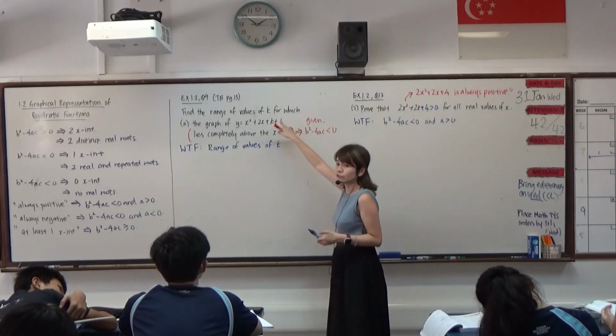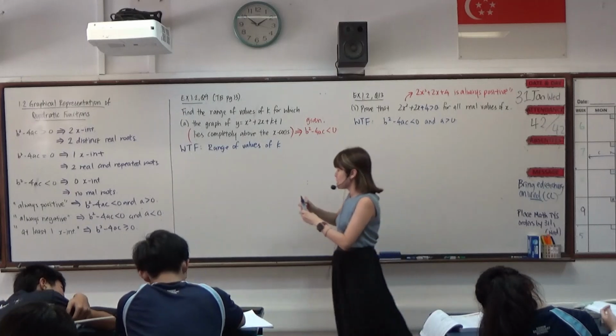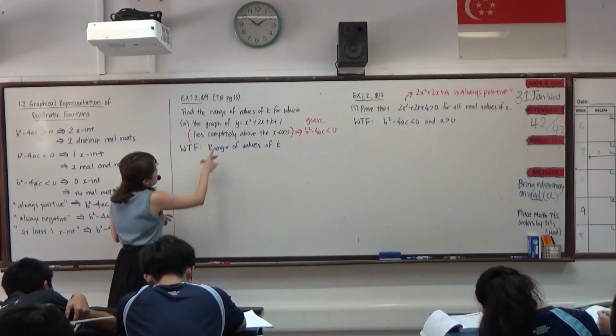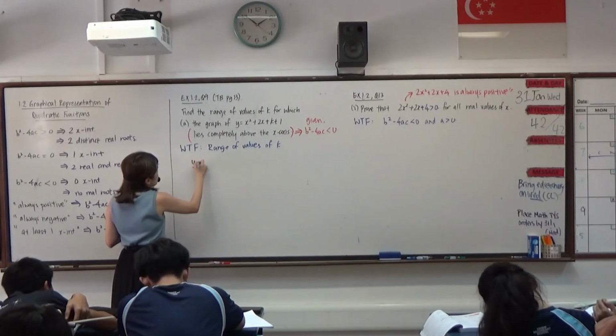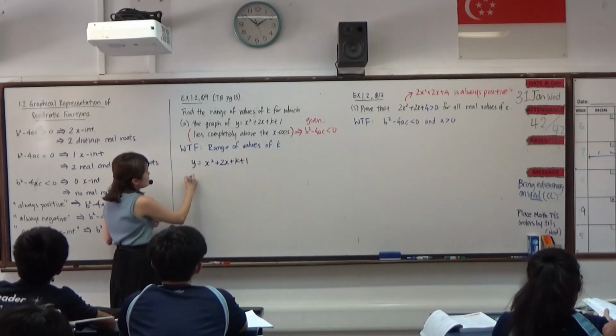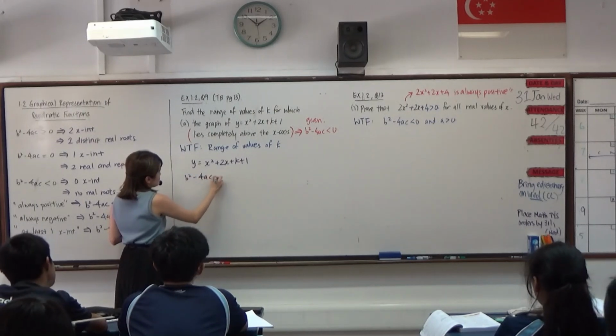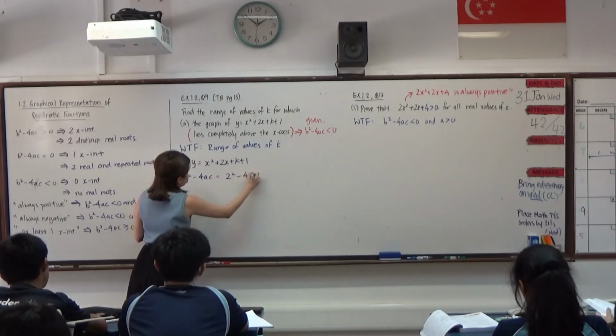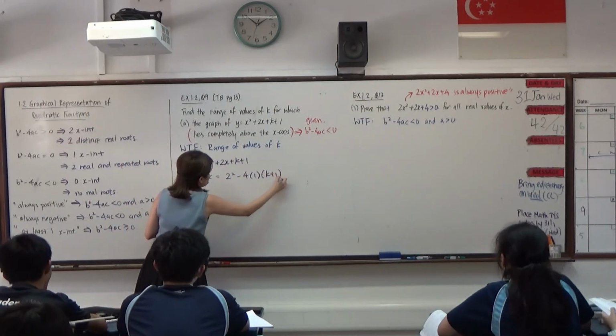It's not what we want to find out, this is given information. So, based on the quadratic function that we have, the discriminant will then be 2 squared minus 4, 1, c, k plus 1.